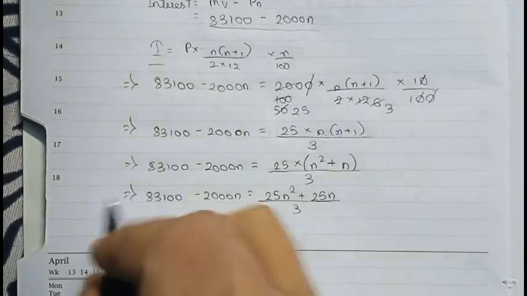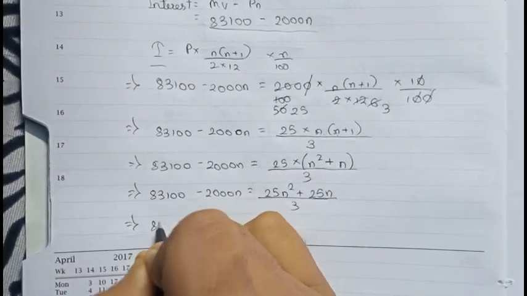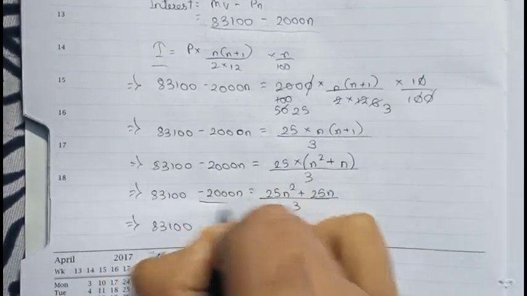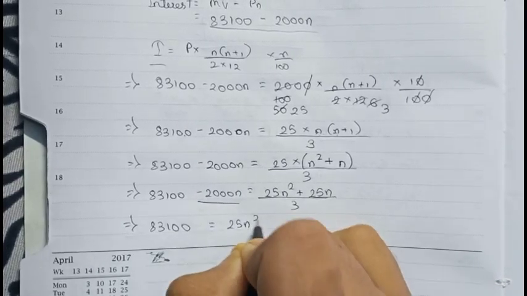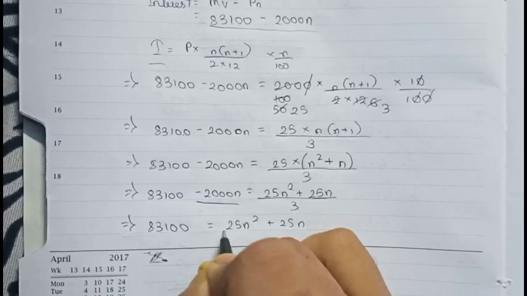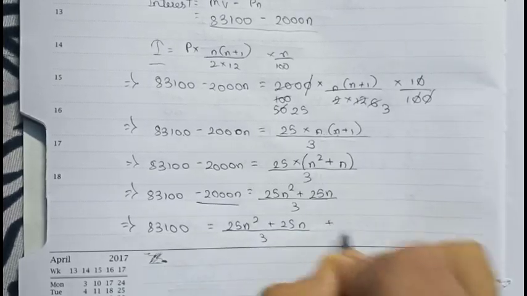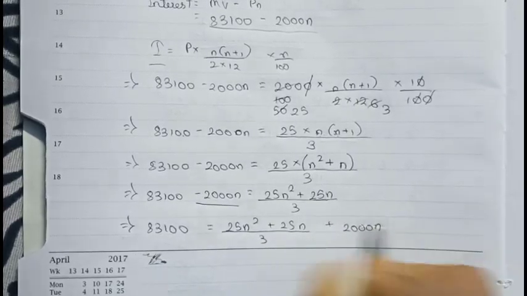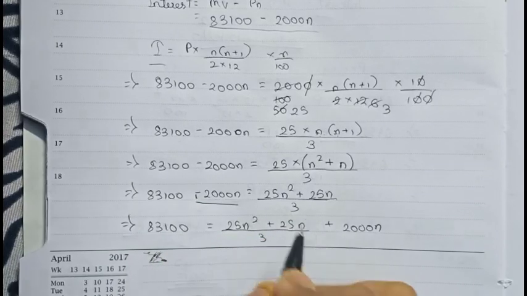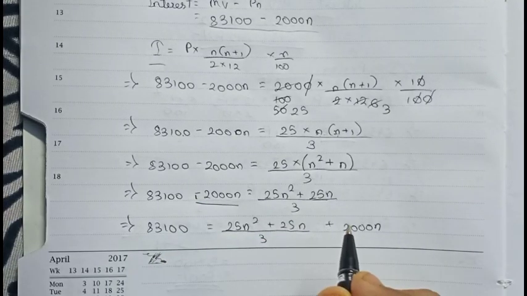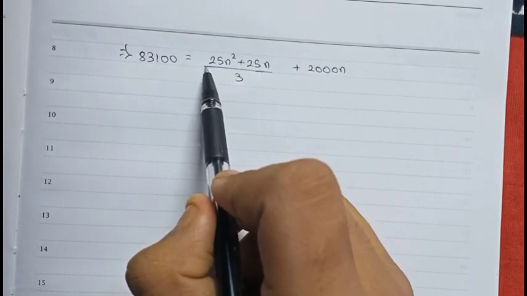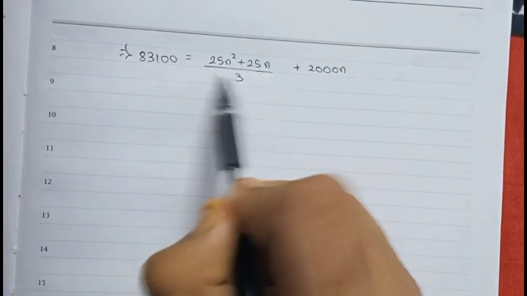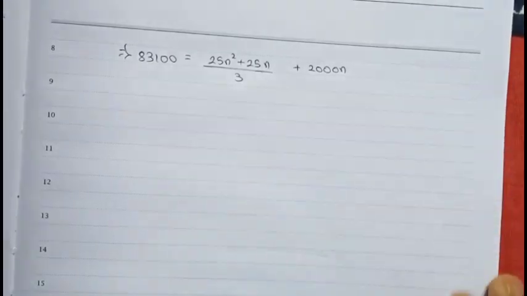So now I will take this 2000n to this side. So 25n square plus 25n by 3 plus 2000n. So as it is subtraction here, it becomes plus. So our equation becomes 83,100 equals 25n square plus 25n by 3 plus 2000n.